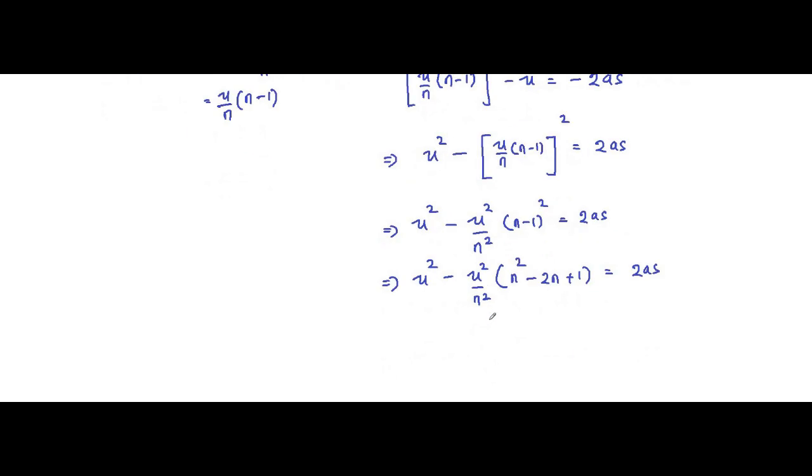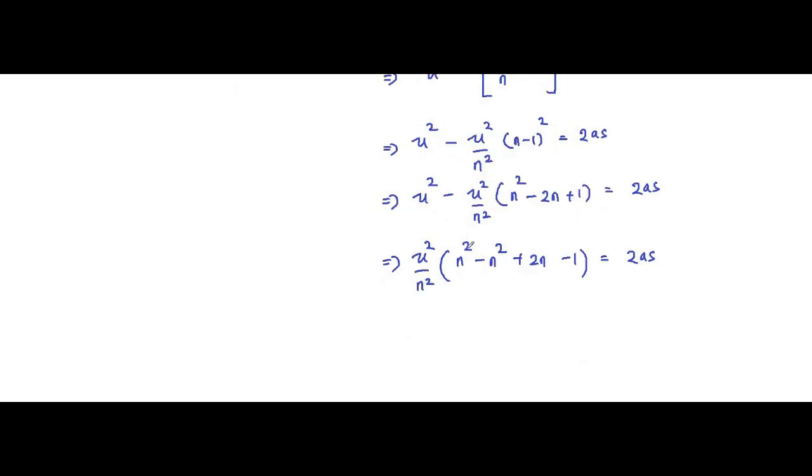Then we take u square by n square common. We have n square minus n square plus 2n minus 1, which is equal to 2as. Here n square minus n square gets cancelled, becomes u square by n square into 2n minus 1 is equal to 2as.